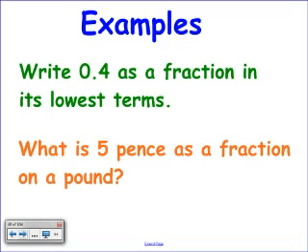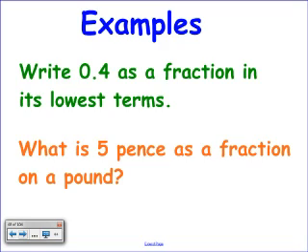What is 0.4 as a fraction, and what is 5 pence as a fraction of a pound? Two straightforward ones. So 0.4, what does 0.4 really mean? What's it telling me? I've got a part of a number, haven't I? We're trying to understand numbers and fractions, and where fractions come from, and where decimals come from.